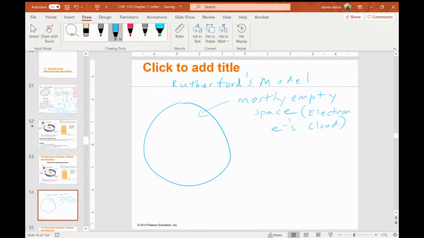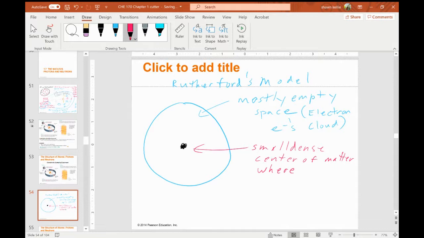Then, inside, you had a small dense center of matter. Where the matter of the atom is located, meaning where the protons and neutrons are located.